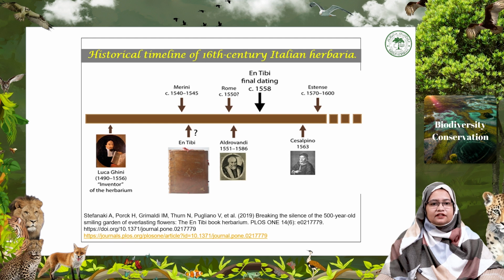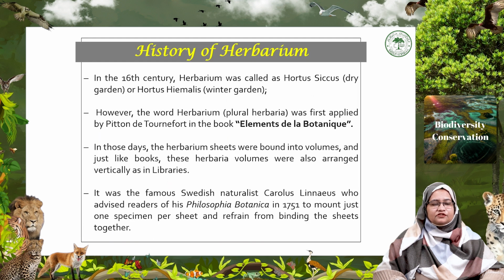From then the final dating of this Erbario was done in 1558, and these are the students who worked a lot in the preparation of this herbarium. So it started with Luca Ghini, and his students cultivated this culture and prepared herbaria which are still preserved in European countries and the Netherlands.